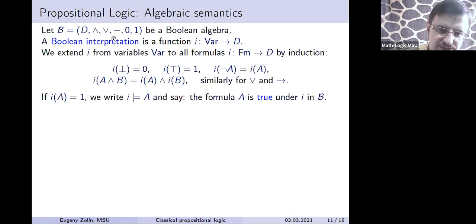One can simply naturally introduce some order, a partial order in the Boolean algebra, and then prove that 1 is the greatest element of the Boolean algebra. So if the value of A is the greatest element, then we will write this symbol and say that A is true under this interpretation I, in this Boolean algebra B.